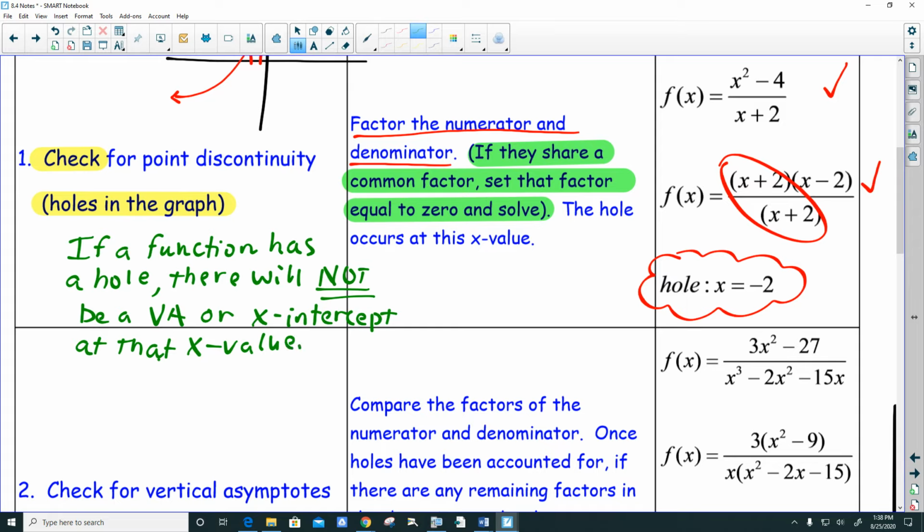Okay, so the holes trump the vertical asymptotes and they trump the x-intercepts. That's why circling them will help you remember that you have used that up already.